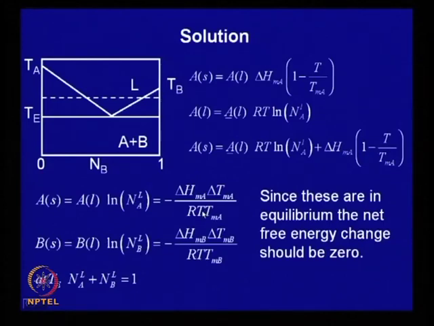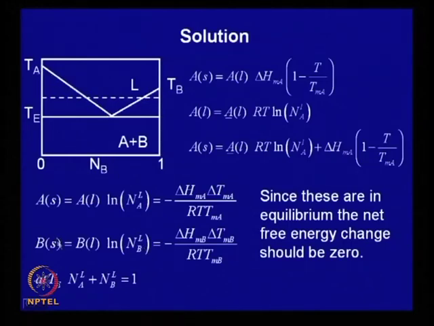Now, see all these are known, this is known, this is known, this is known, temperature is fixed. So, it is possible to calculate Na, that is the composition of the liquid, at any given temperature T. And if you do that, you will be able to generate this plot.